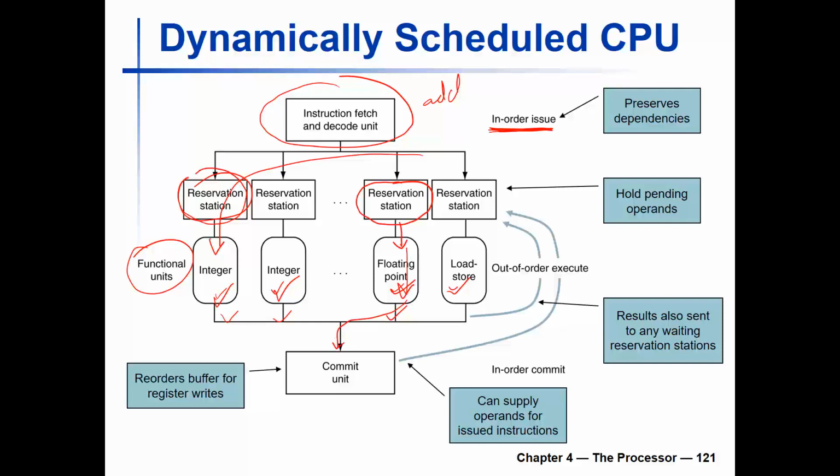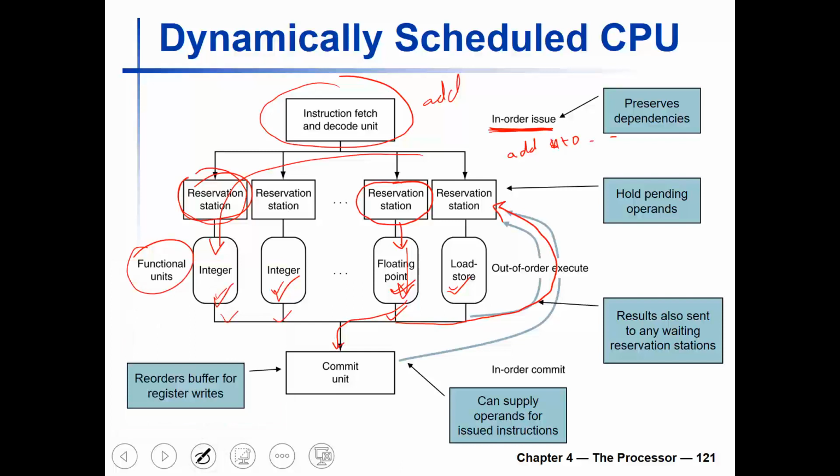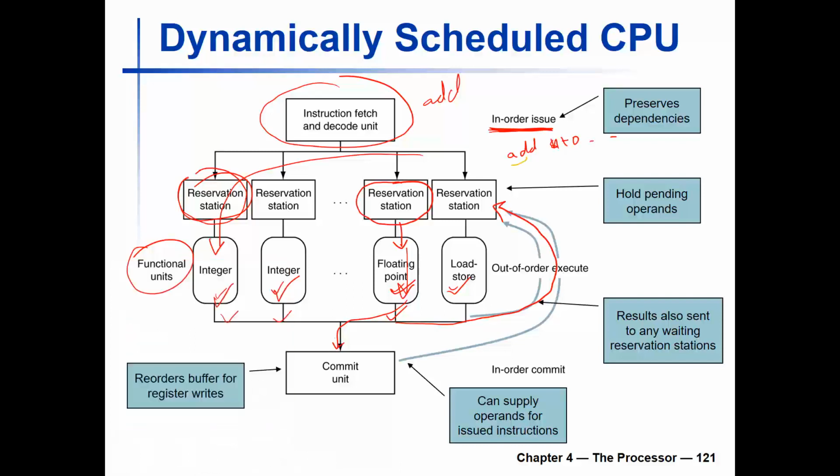When we send it out, we also send the result of the execution unit out to the reservation stations, for any instruction waiting for data. So for example, suppose I have an add with result in T0, and I send this instruction to this unit.